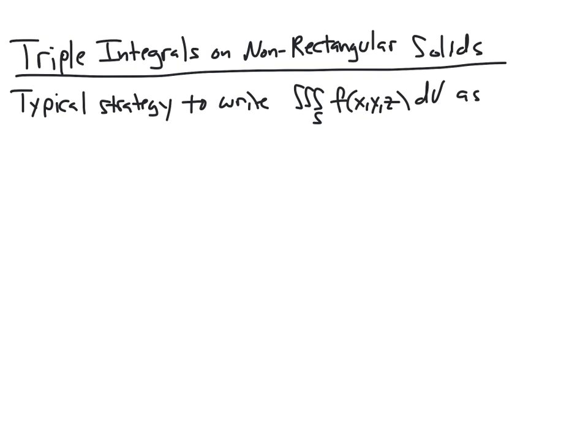If we have a triple integral, in order to compute it, we want to write it as an iterated integral and compute this.